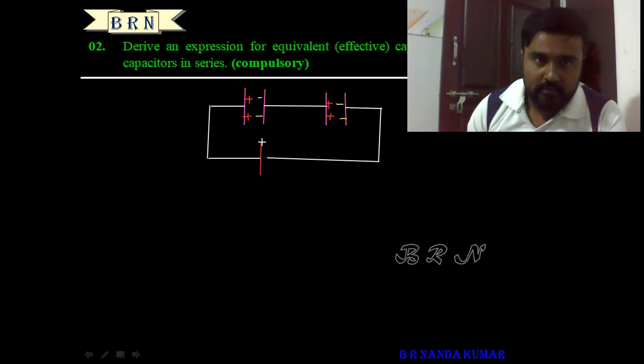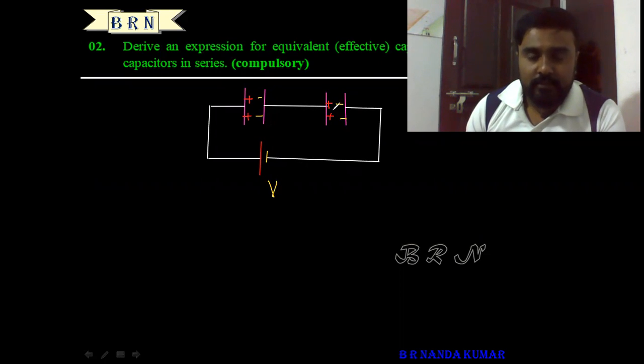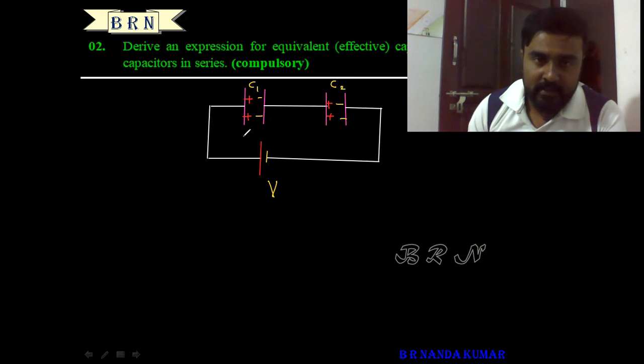This is the positive terminal, this is the negative terminal of the battery, and V is the potential difference. But a positive plate of one capacitor is connected to a negative plate of another capacitor. Now the capacitors are connected in series.